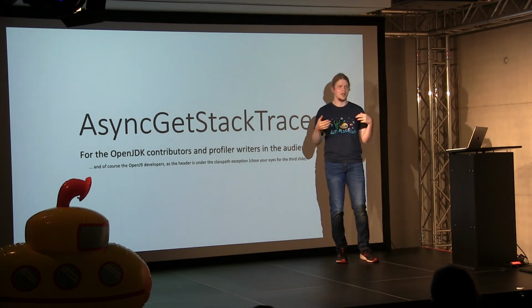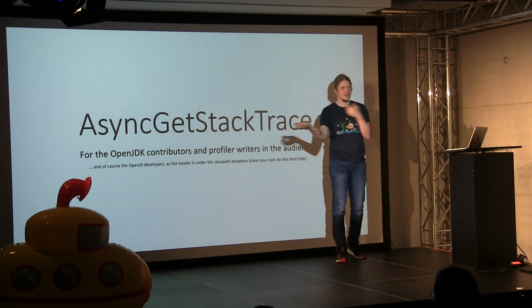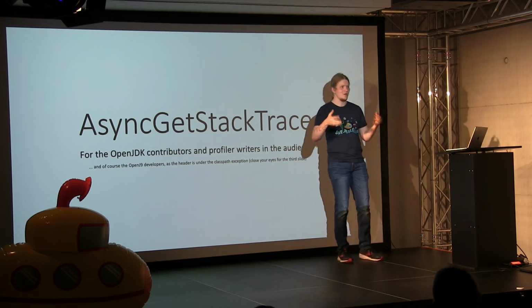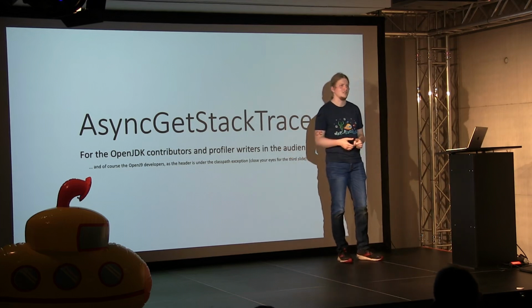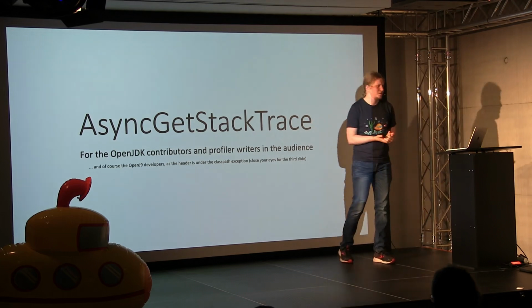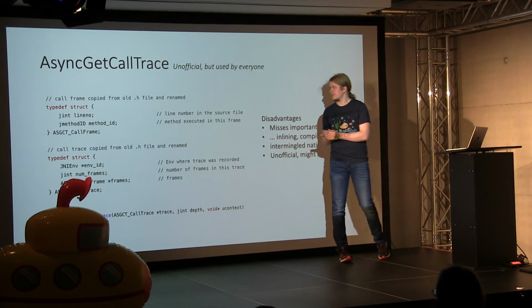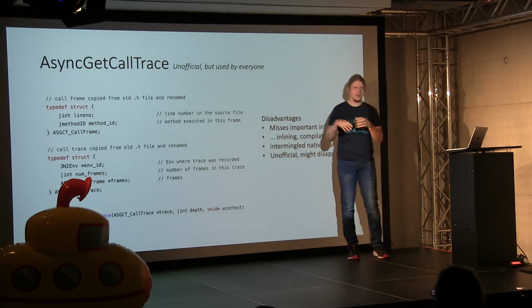But I think it might also be interesting for the people here in the audience who want to know what this AsyncGetCallTrace is, because in many talks on profiling, you hear about AsyncGetCallTrace and not many people explain the hard details. AsyncGetCallTrace is the unofficial API that's used by everyone.